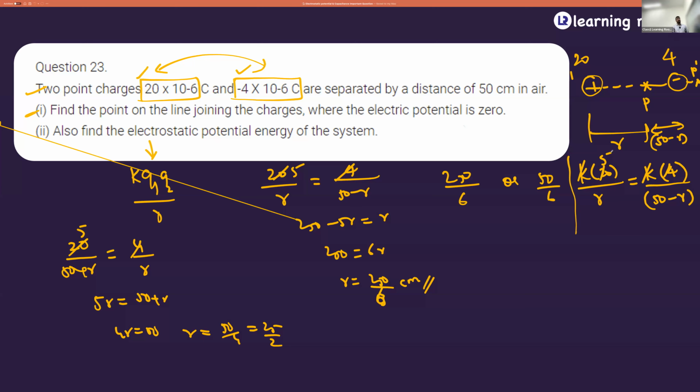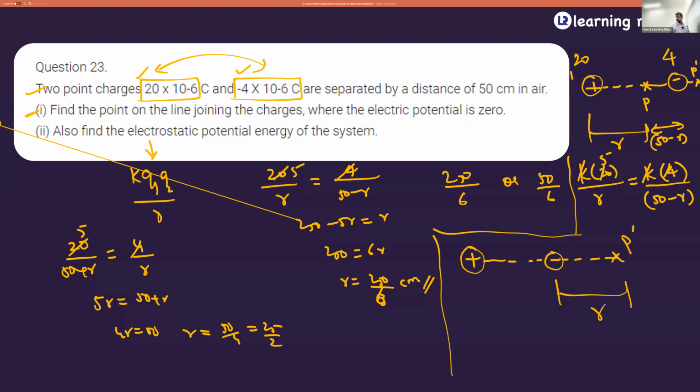Okay. Secondly, where will you take the other point to be? This is positive charge, this is negative charge. So if I take the point P dash here, and if I take this distance to be R, then how much will this distance be? It will be R plus 50. When you take this concept and solve, what will you get? This is 20 and this is 4.